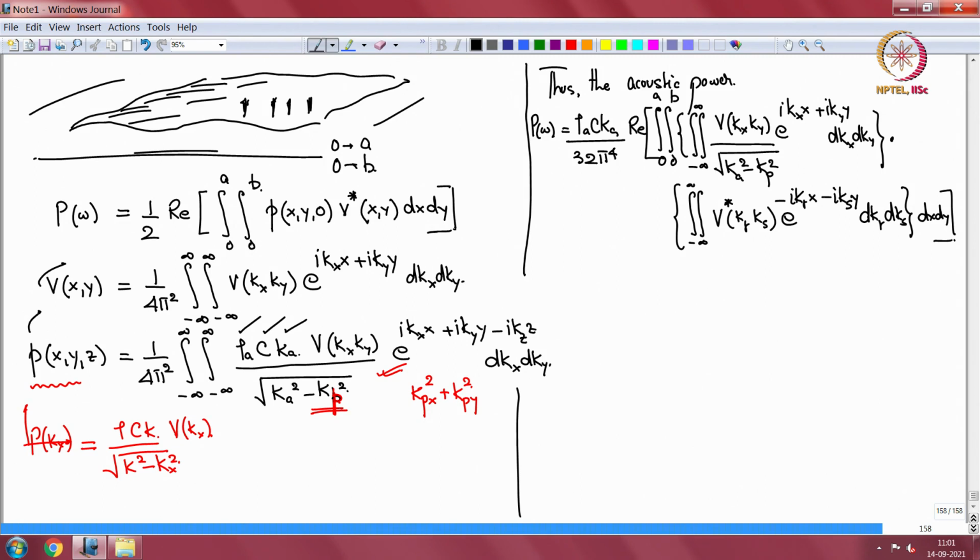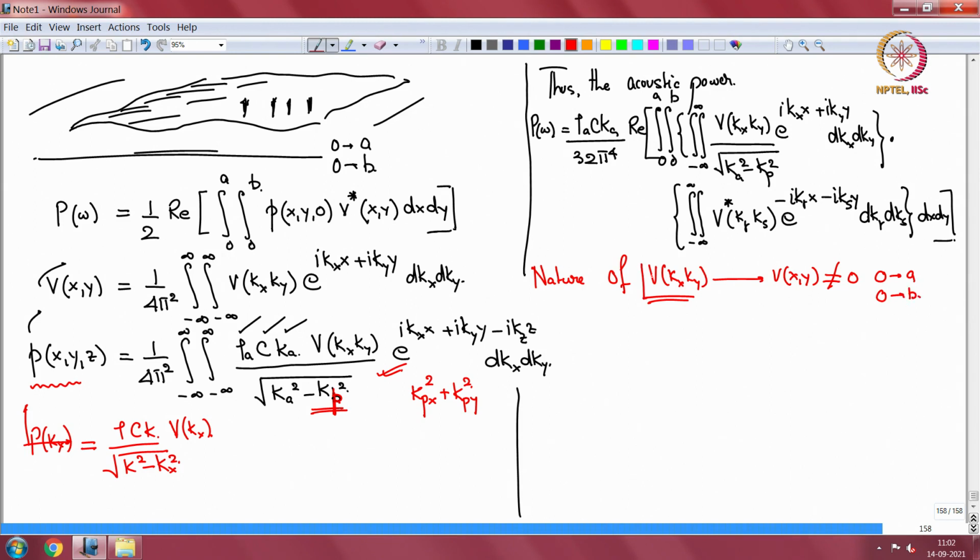Okay, so one thing I will say here, that the nature of V(kx, ky) is such that it has been derived from a V(x,y) which is not equal to 0 only on the panel. Outside it is 0.